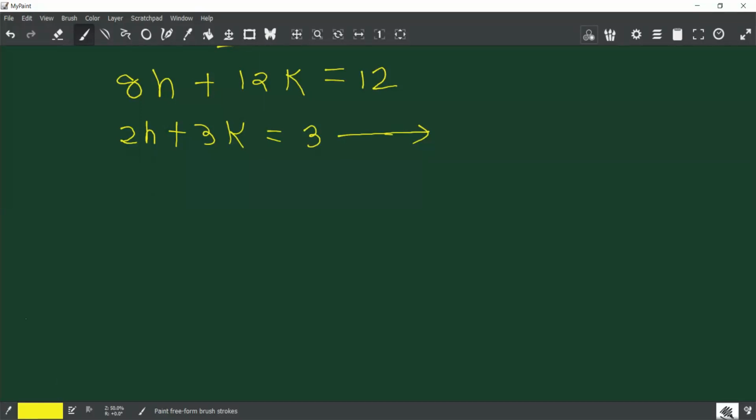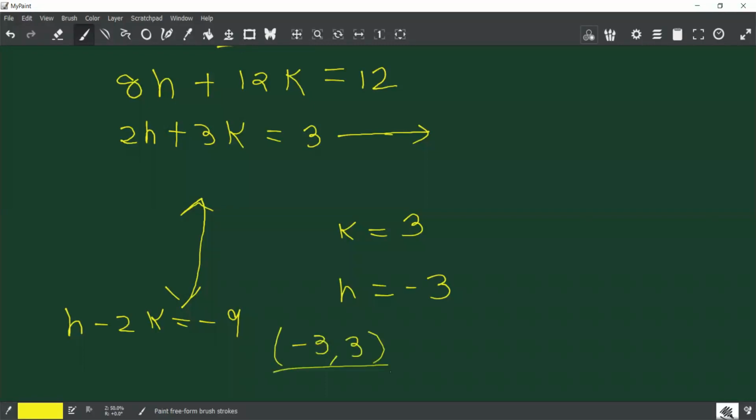So your H minus 2K is equal to minus 9. And these two when you solve orally, 2H will cancel. 7K minus 20. Get the value of K as 3 and H as negative 3. आया सबको सेंटर, -3, 3. Solving these two equations simultaneously.